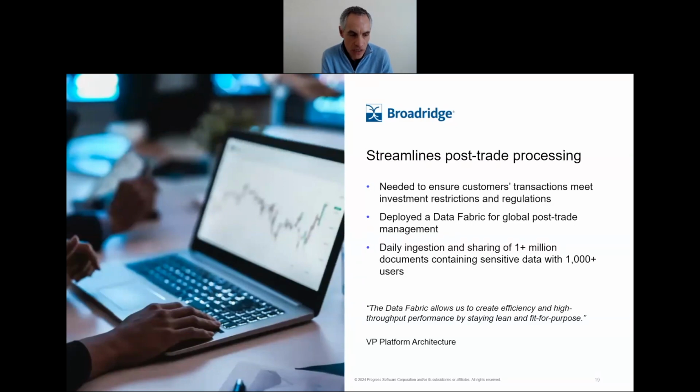The idea is that the financial institution will give them their post-trade data for processing, and then they can start querying it and working with it and get useful insights out of it. The way that Broadridge has implemented this is that they integrate data from the various systems imported from the client.